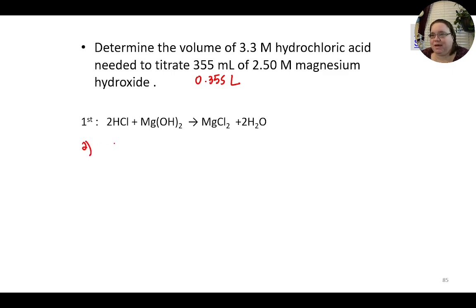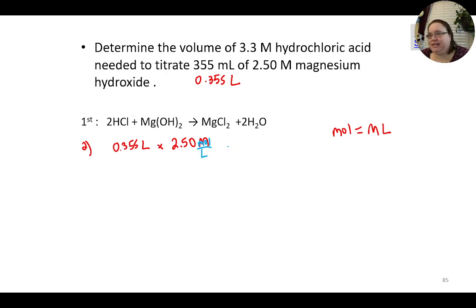I'm going to take my moles equals molarity times liters. So I'm going to take my 0.355 liters times 2.50 molar. Remember, that big M is the same thing as saying little moles over liters.